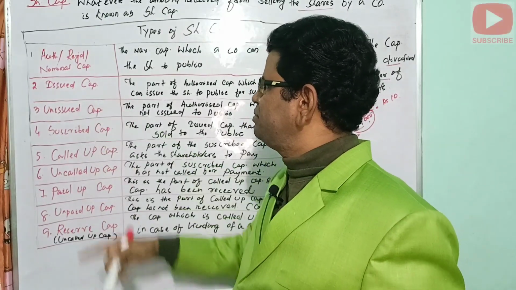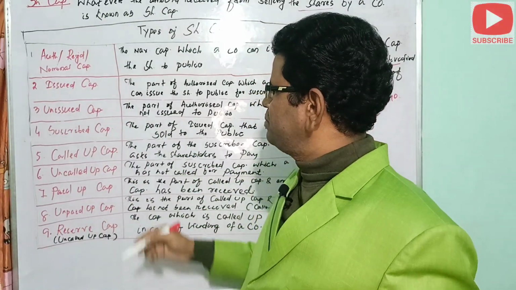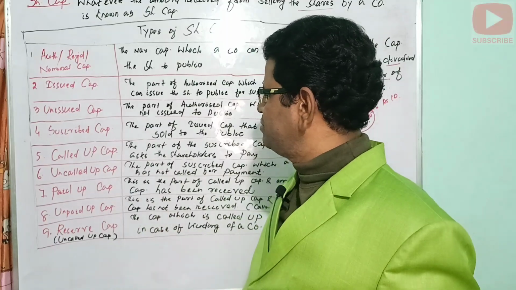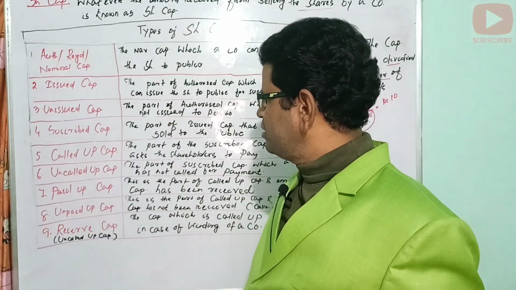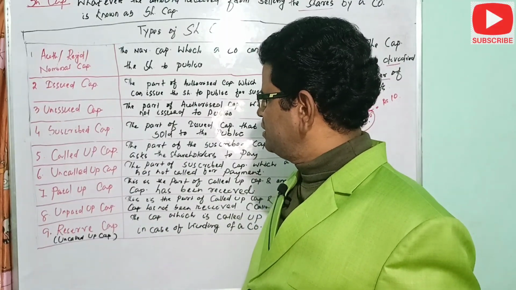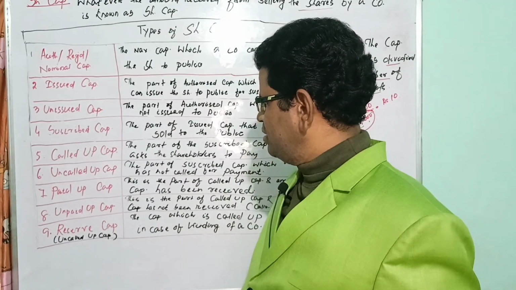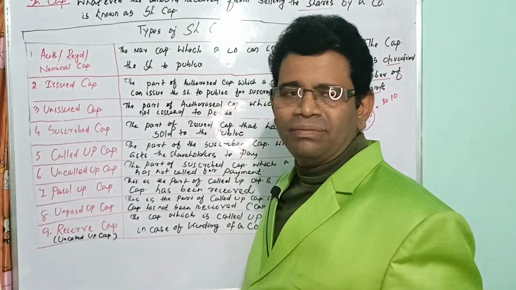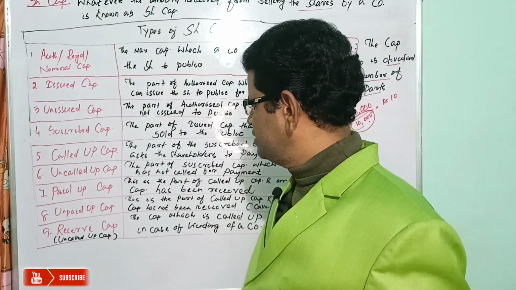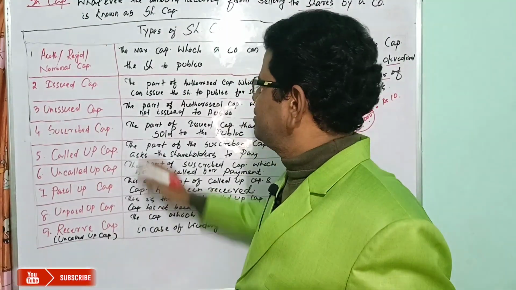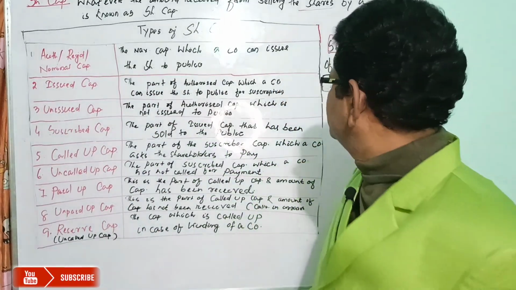Second is issued capital, third is unissued capital, fourth is unsubscribed capital, fifth is called capital, next is uncalled capital, paid up capital, unpaid capital, and last but not the least, reserve capital. We will discuss one by one.